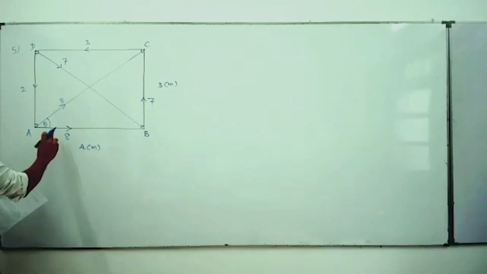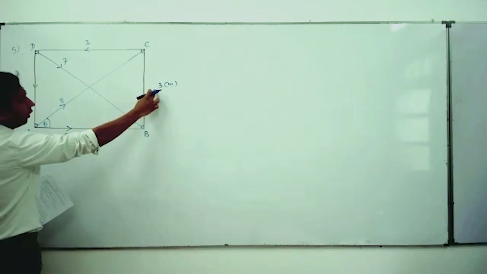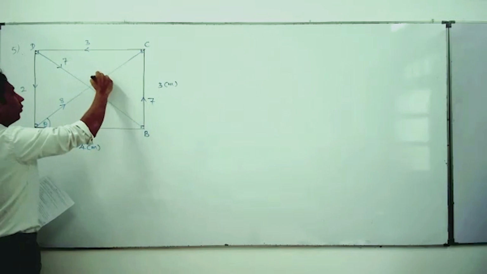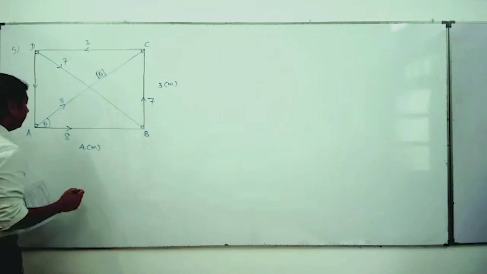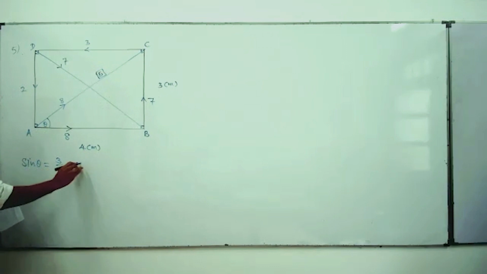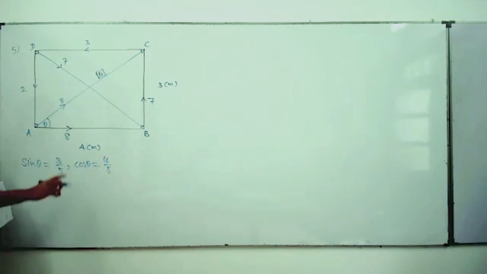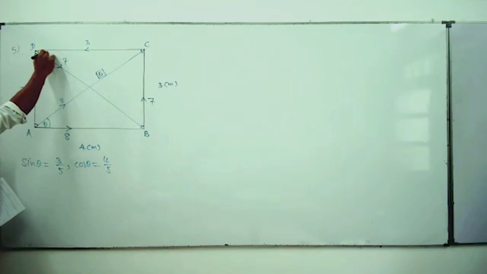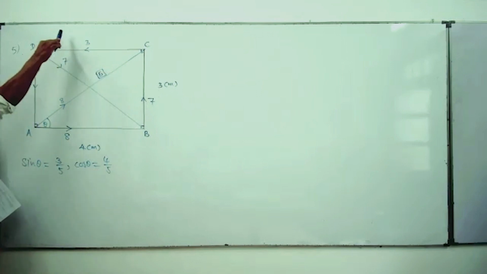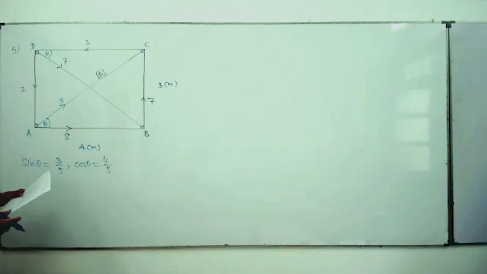If you take this angle as theta, this side 4, this side 3, therefore this AC side is 5, right? Then sine theta and cos theta we can write. Sine theta is 3 over 5, cos theta is 4 over 5. This angle is also theta because this length is 4, 3, therefore again this is 5. Now we have to resolve horizontally.